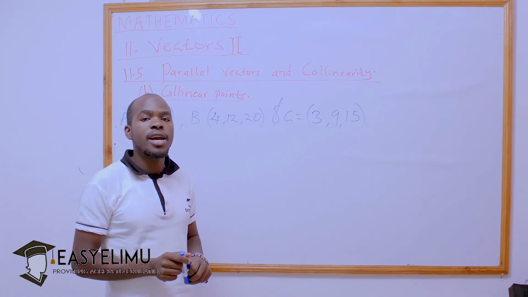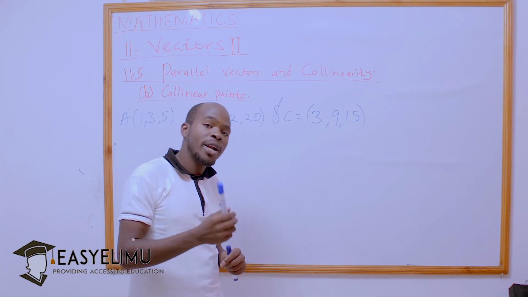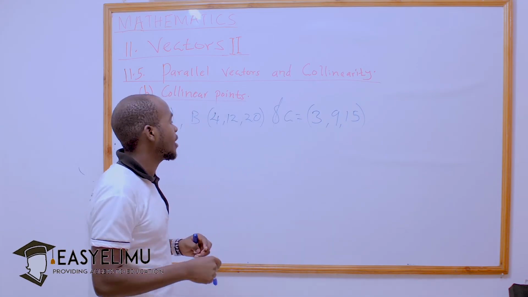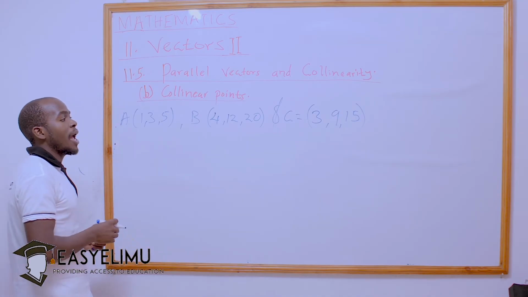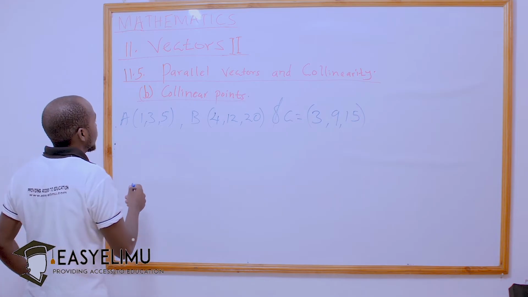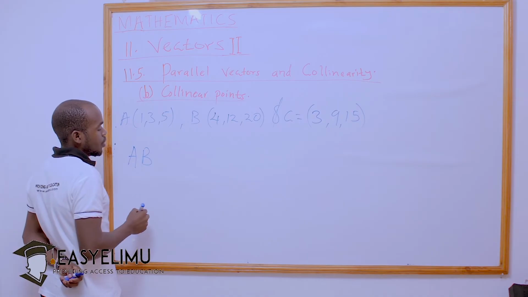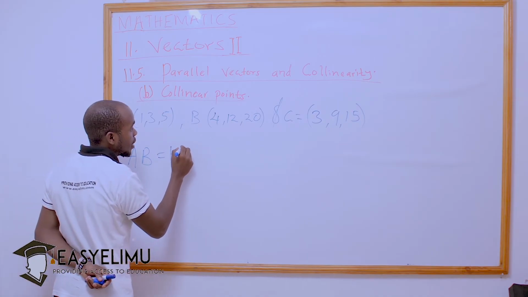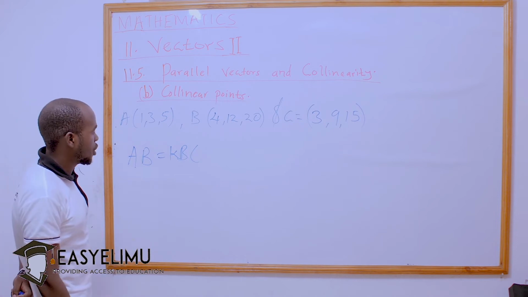If they are not collinear, they don't satisfy the condition which I have given earlier. But if they are collinear, they must satisfy that condition. So we shall test and assume that they are on a straight line. If we assume that, then AB should be equal to KBC, where B is a common point.